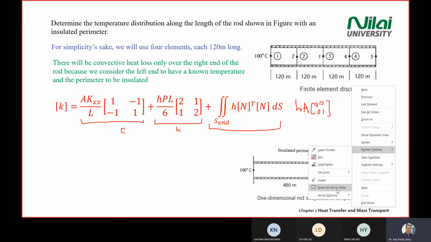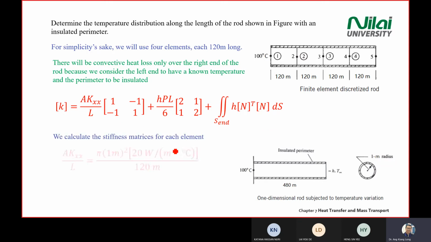Okay, so we calculate for each of the elements. So I do one set for you. You can see element 1, element 2, element 3, element 4 actually are symmetrical. So we just substitute the area.